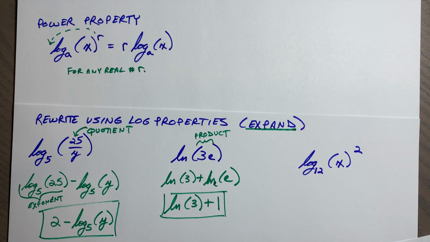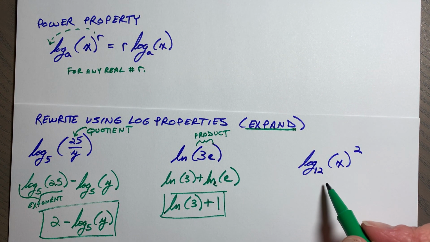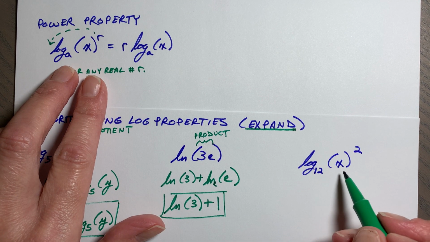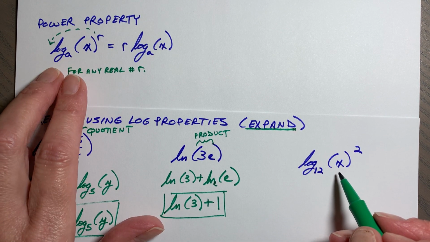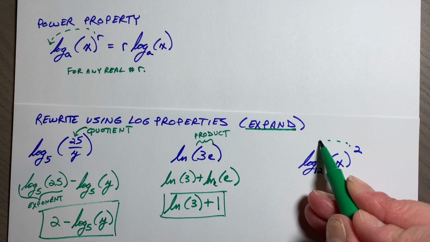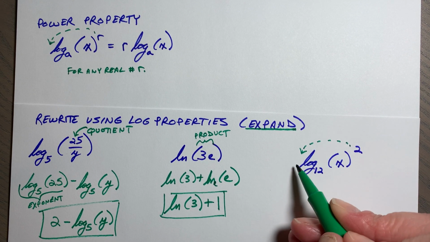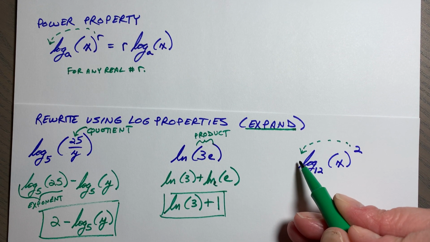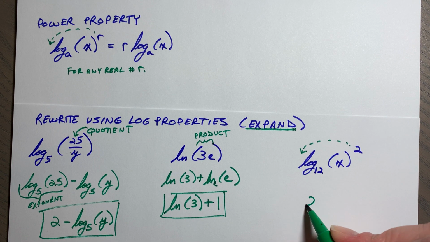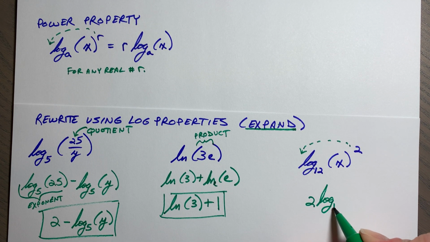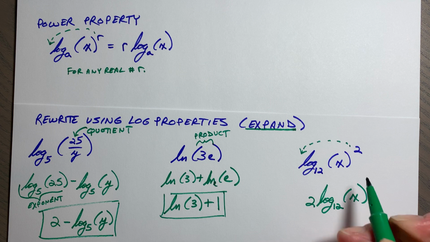So let's see what that would look like with our example right here. This matches that format. This power property says that that power of 2 can come along and be the coefficient here. So this is equivalent to 2 log base 12 of x.